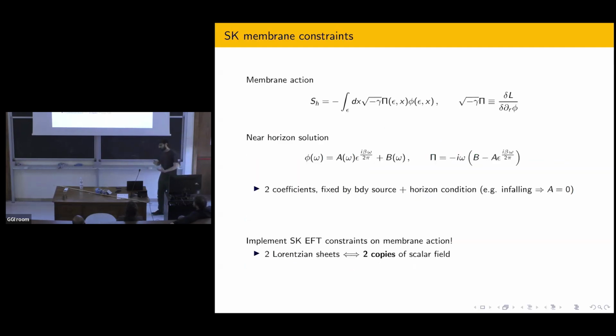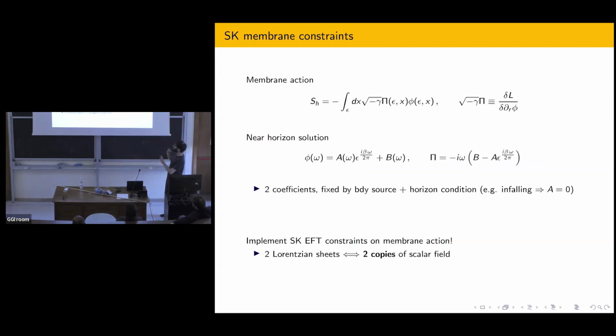Just to show you a few more formulas, the membrane action takes this particular form, where pi is the conjugate momentum to the field. It's like the variation of the Lagrangian with respect to R. Okay, so this is the general form of a membrane action.